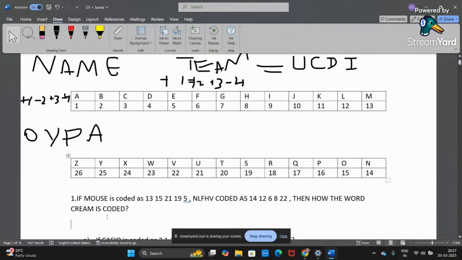For C, what is the number in the table? 3, right? For R it is 18. For E it is 5. For A it is 1. For M it is 13. This is how the word cream is coded. The code word is 318513.